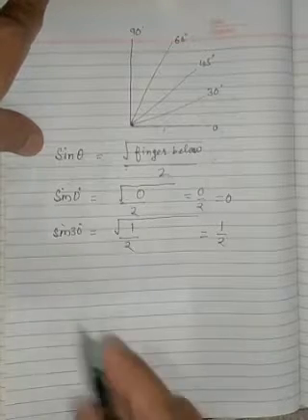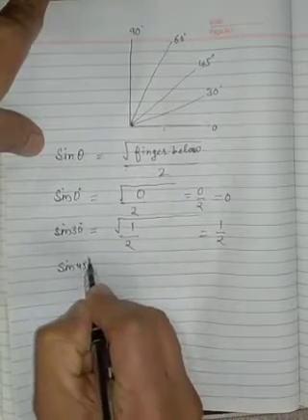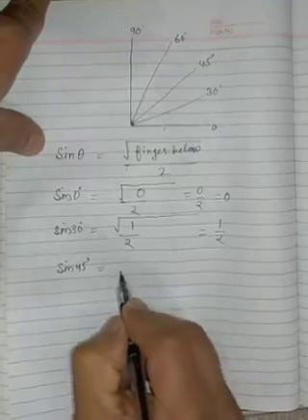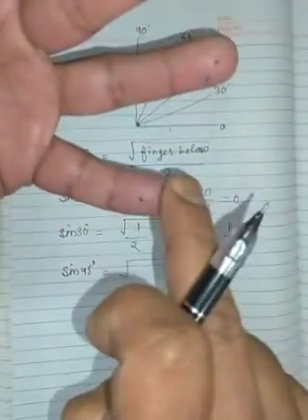Let's move on sine 45 degree. Now sine 45 degree is equal to under root. This finger shows 45 degree. So finger below 45 degree is 2 fingers.